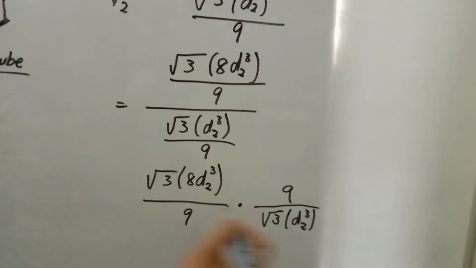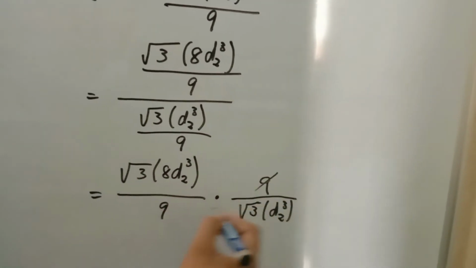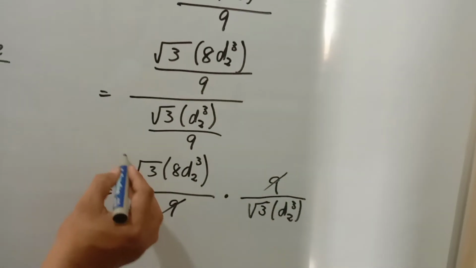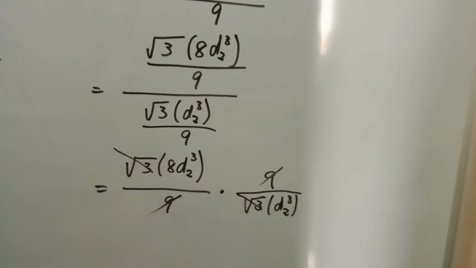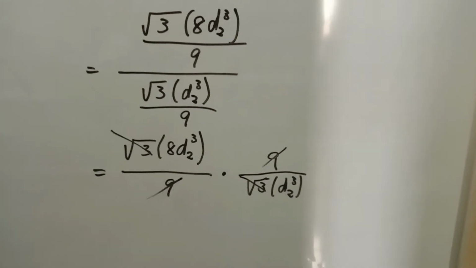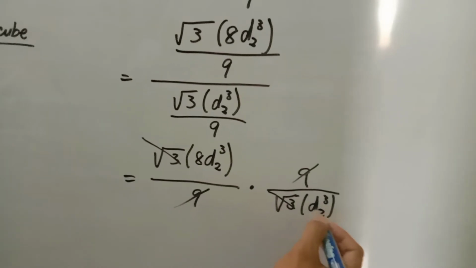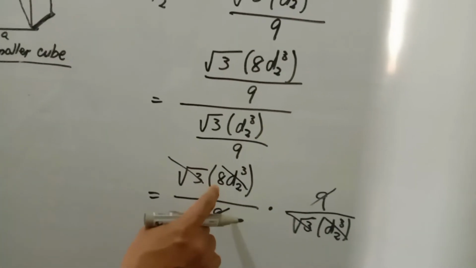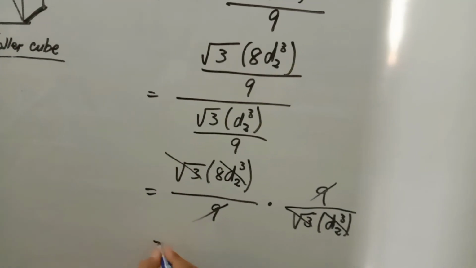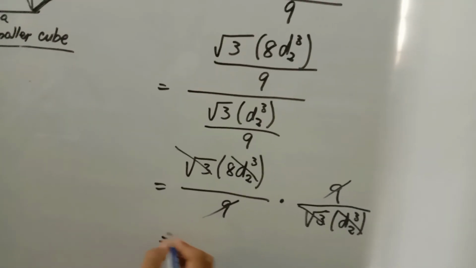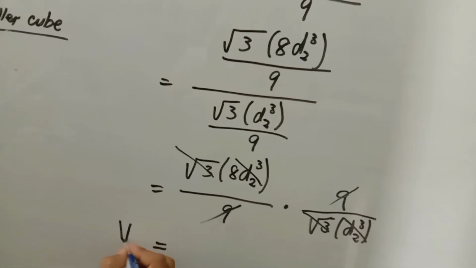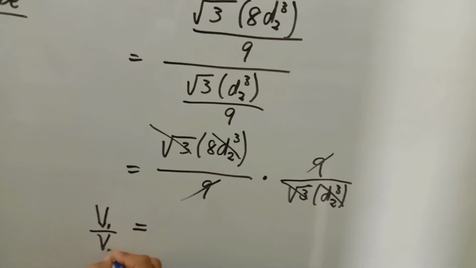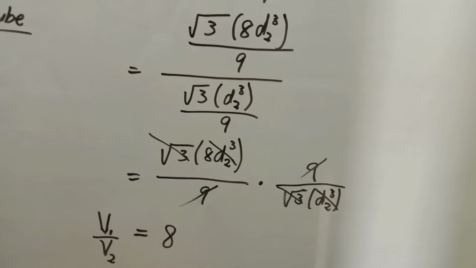So, cancel 9, cancel square root of 3, cancel D2 cube. So the remaining is 8. V1 over V2 is equal to 8.